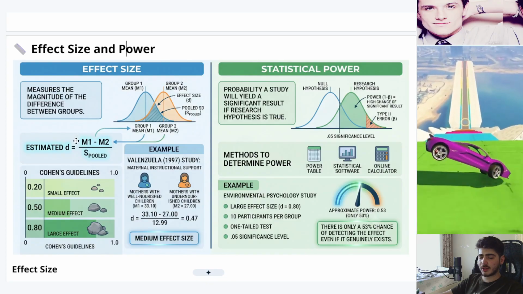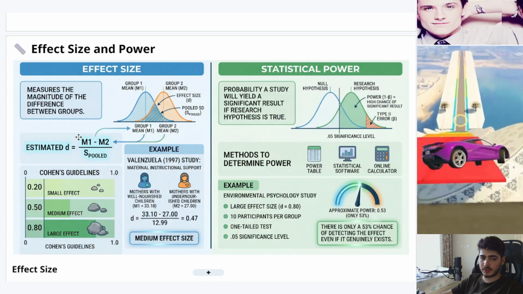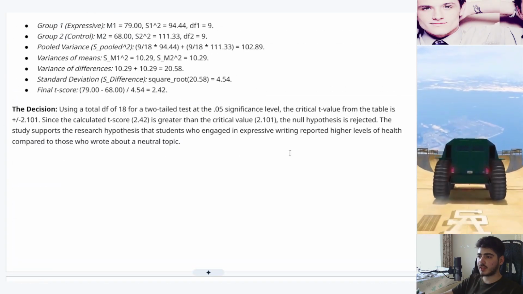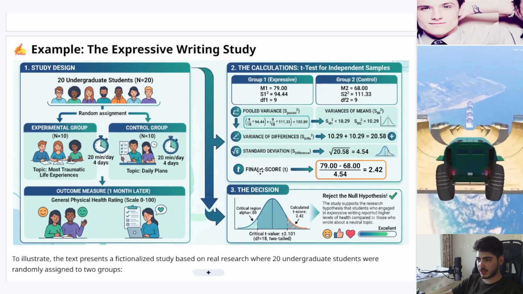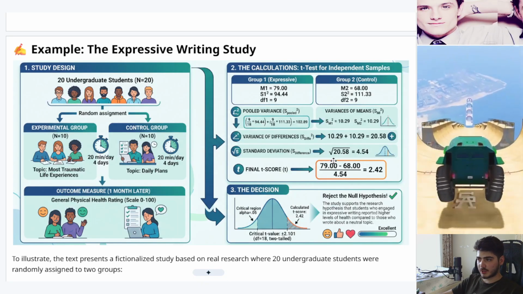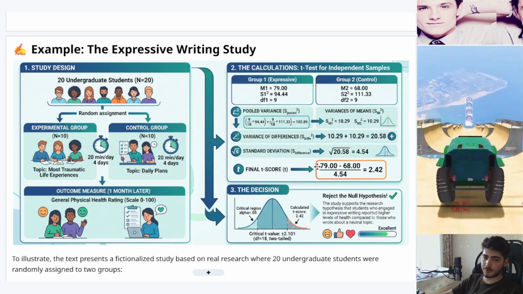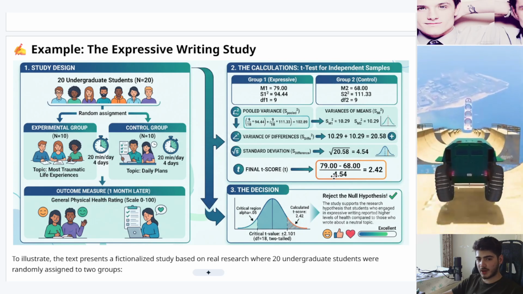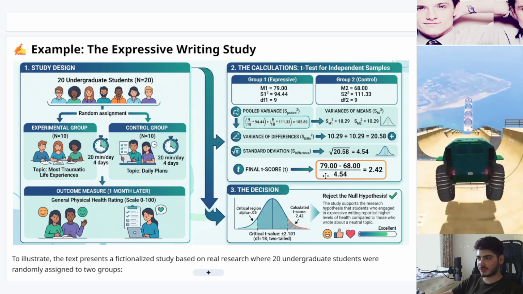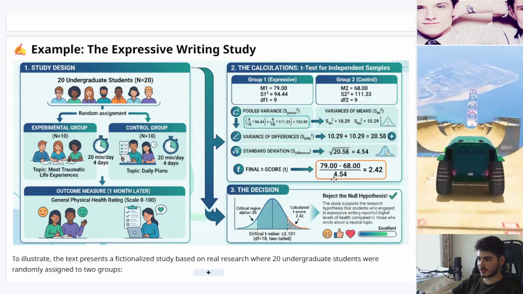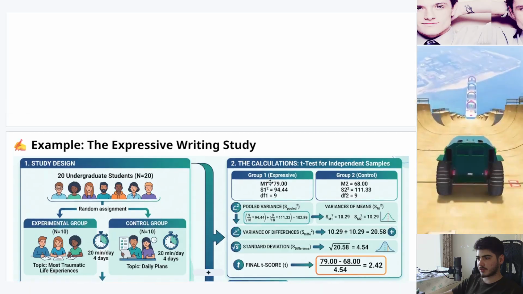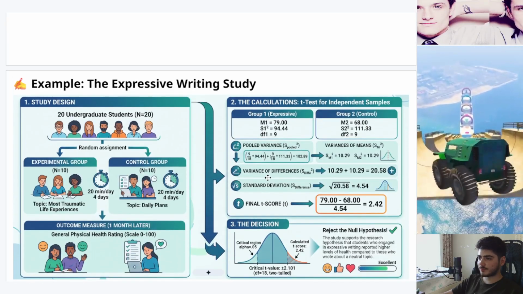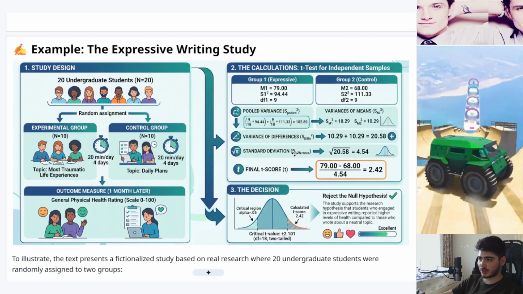To calculate Cohen's d for dependent means, you do almost the same operation as what you do for getting the final score. You take M2 out of M1, and then you divide it by the standard deviation of difference, something. Now, there's a bit of misleading terminology here, because this is not actually standard deviation.